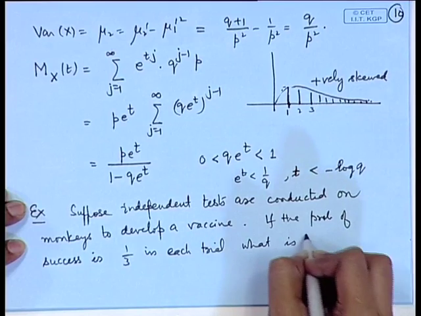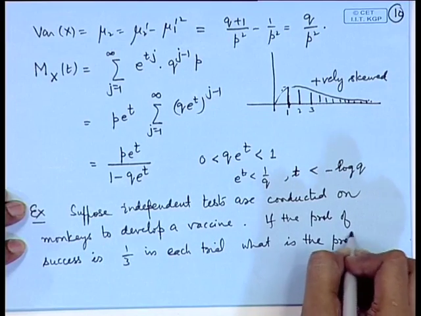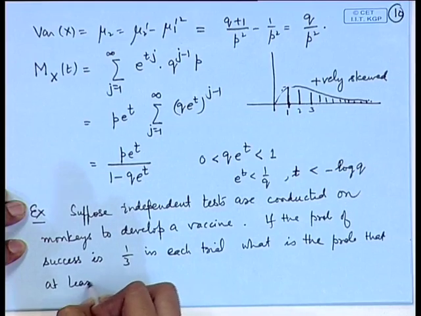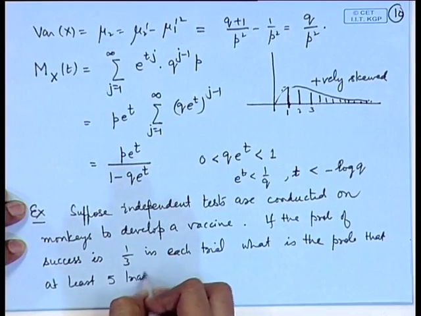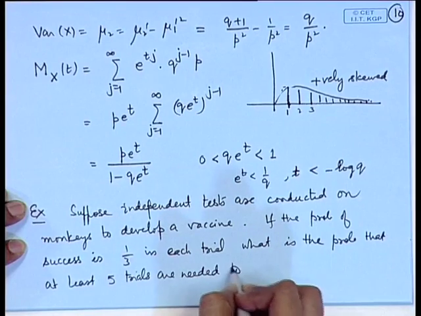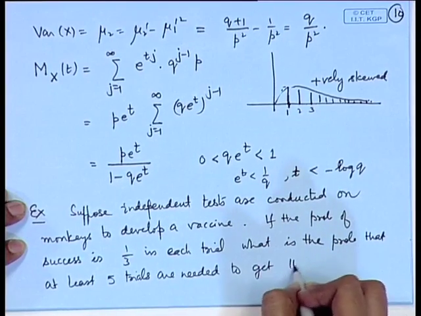What is the probability that at least 5 trials are needed to get the first success?